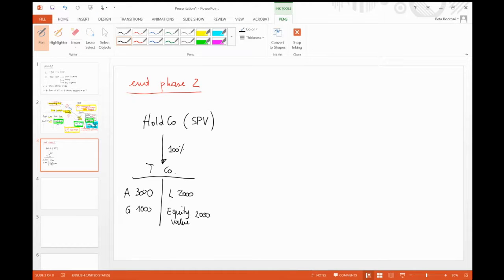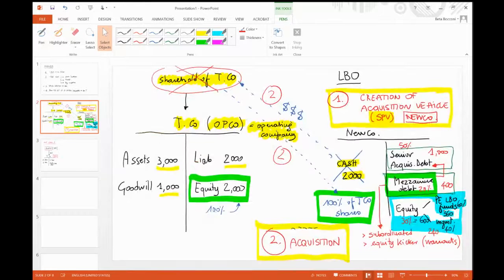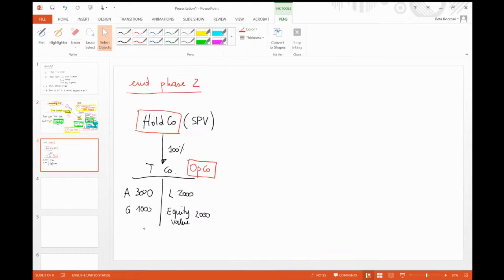So the typical model of an LBO is the typical holdco-opco company model, where a holding company on top is controlling an operating company at the bottom, and remember that the holding company has raised the debt for 1,000 senior and 400 mezzanine to buy out the TICO company.